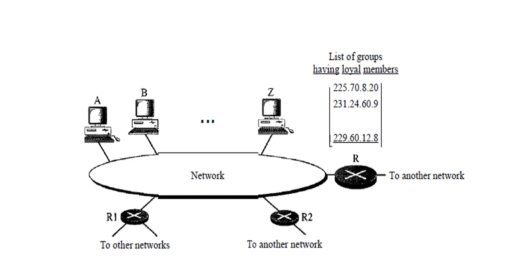The router R is going to use the IP address 225.70.8.20 in order to multicast the packet over the network. Similarly for R1 and R2. The router R acts as a distributing router; R1 and R2 come under R. They receive the packet from R and deliver it to the corresponding destinations.